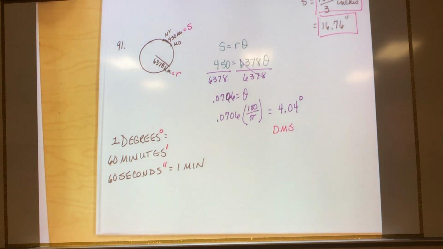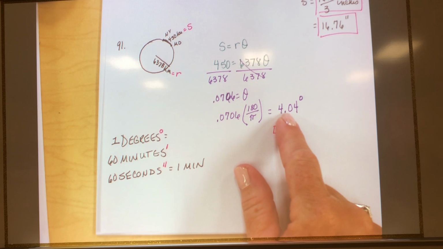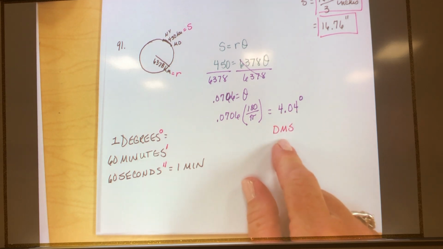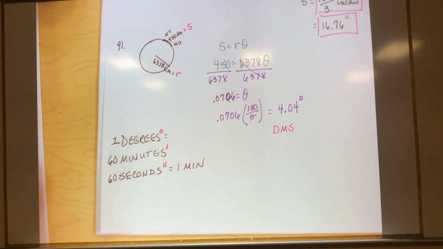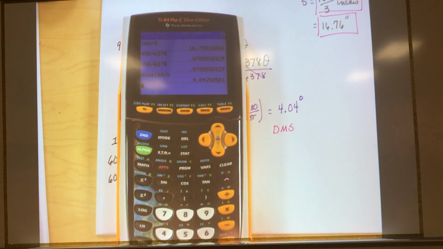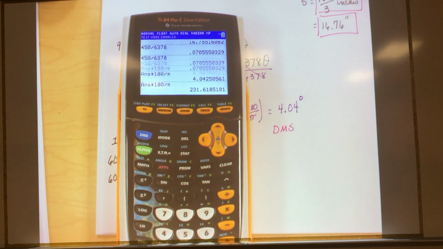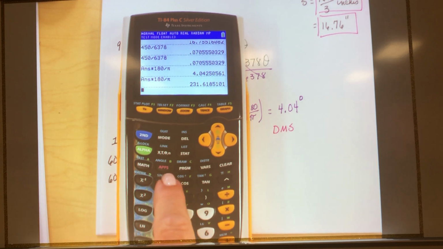Alright, a long time ago, before we had fancy calculators, when I was in school, we had to convert decimal degrees, that's what this is called, to degrees, minutes, and seconds, and we had to do it by hand. Y'all are fancier than us, because y'all have a handy-dandy calculator. So, do you see this blue word angle?